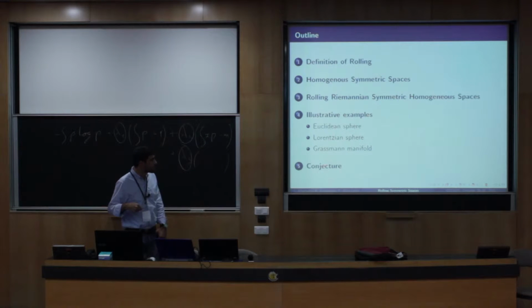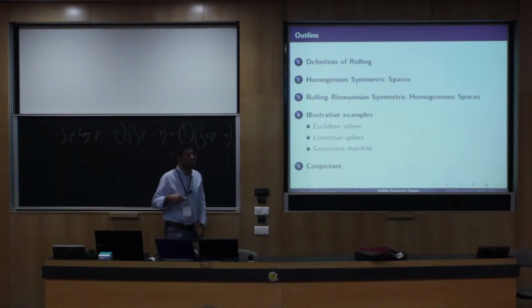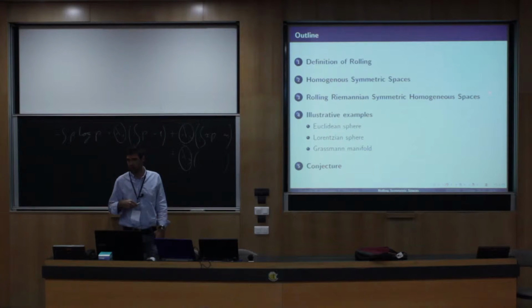Finally, I would like to finish the talk with a conjecture: all the known examples corroborate the theoretical results, but up to now we have not been able to establish a complete proof for this conjecture.